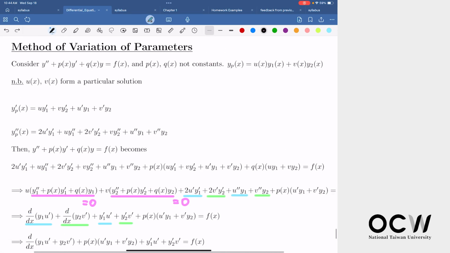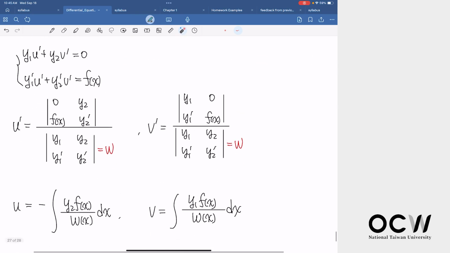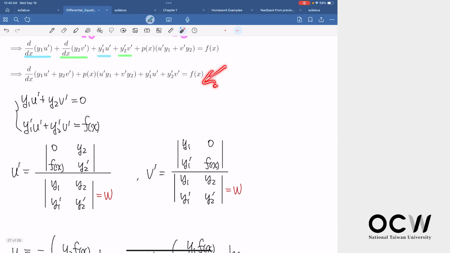Okay, you please do that at least one time by yourself. Follow those steps till here. Okay, till here you can easily see these two equations.